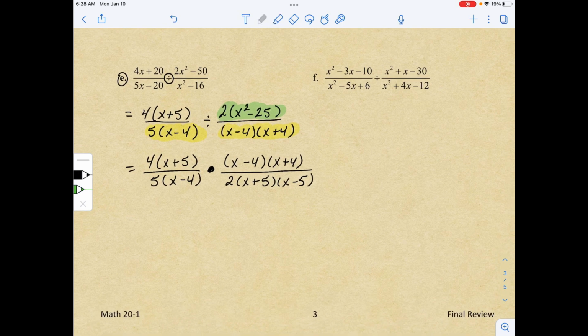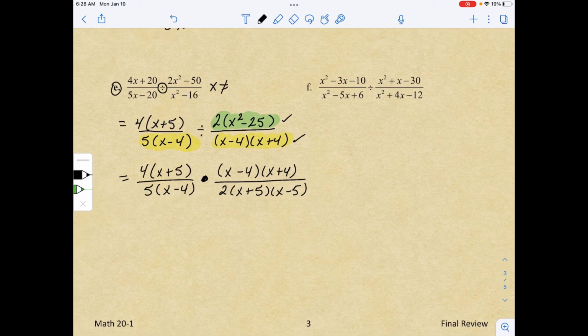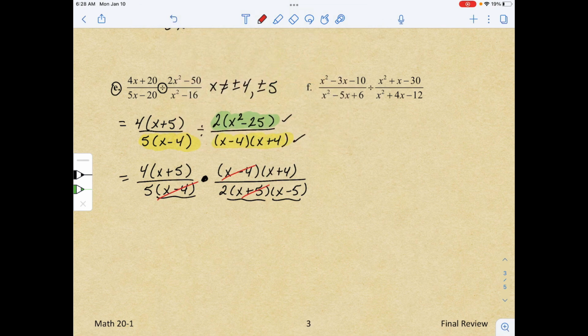So we have to look at both the numerator and the denominator of the second fraction to find our NPVs. And in looking at this, we know that x cannot equal plus or minus 4 and plus or minus 5. Note, if we had just looked at the denominators here, we would have missed the negative 4.